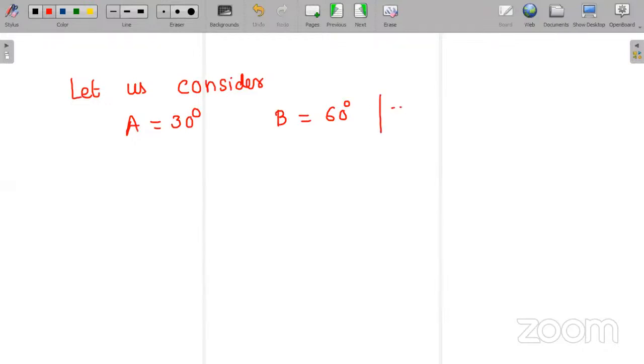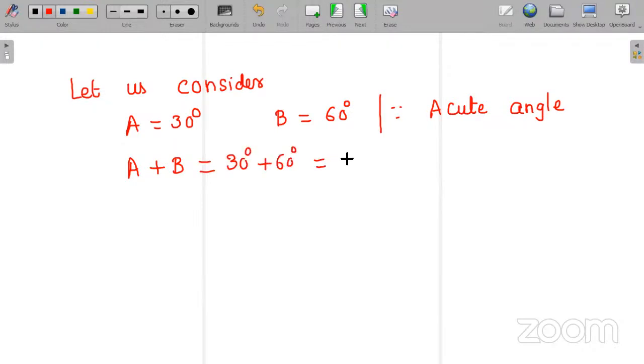Here both are acute angles only. Add these two. What do you get? Very good. If you add, you get 30 degrees plus 60 degrees, you get 90 degrees.